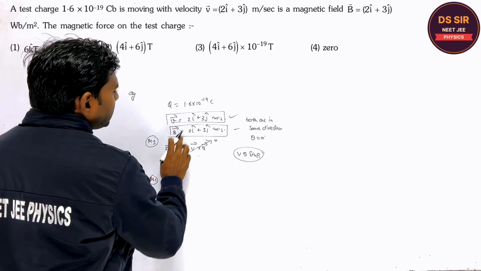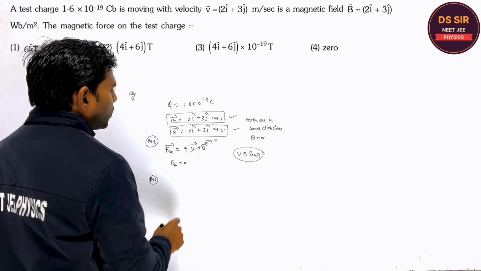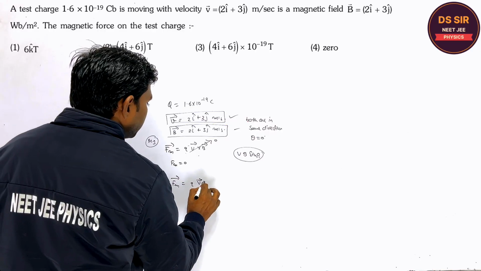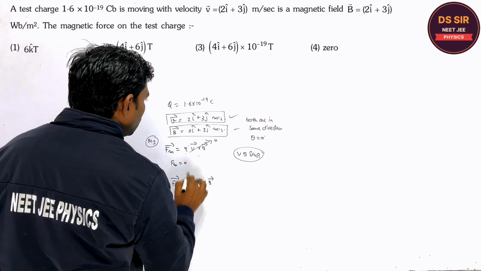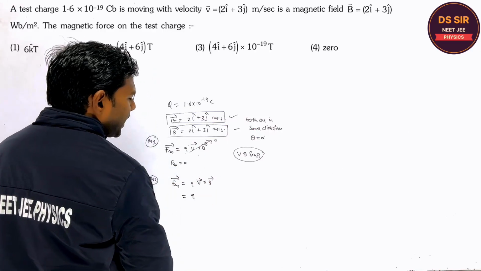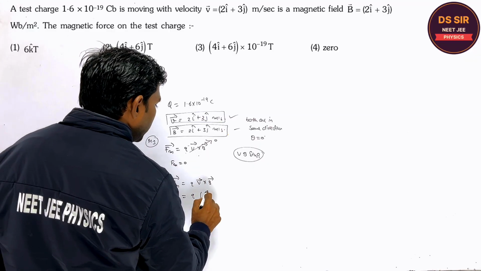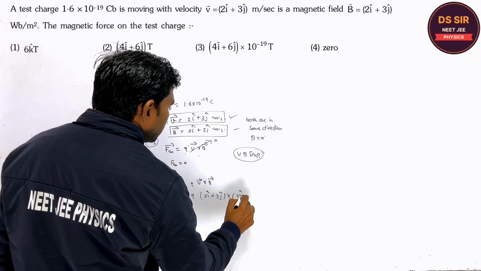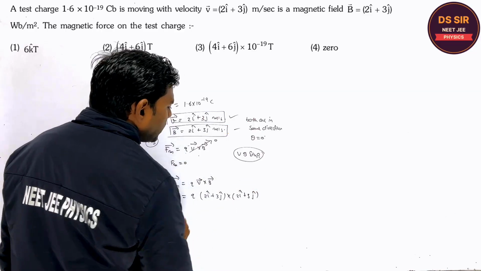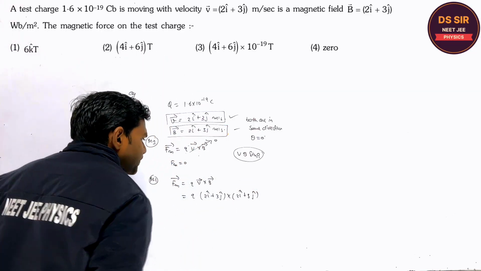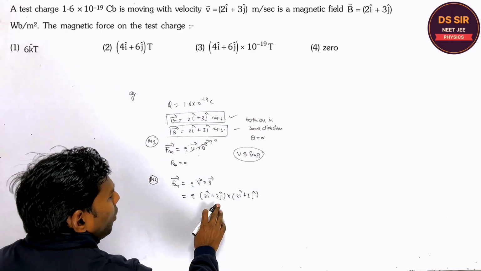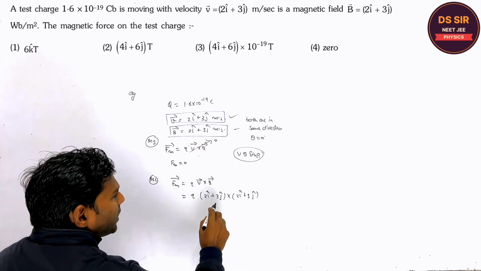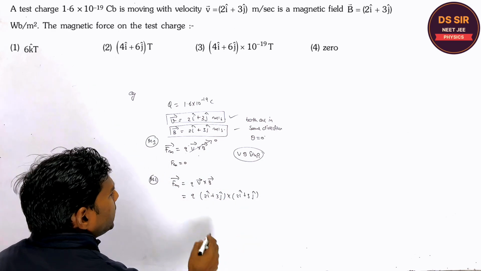Second method, directly you have to make the cross product. Fm is equal to what? Say q v cross B. The q is q. It is (2i + 3j) cross (2i + 3j). If you make the cross product, although it is a small vector, we may find the cross product individually.